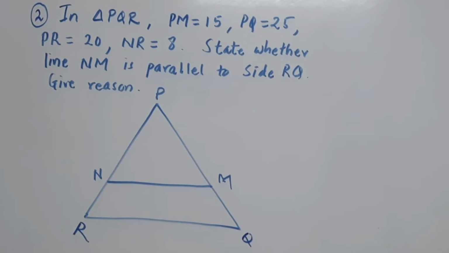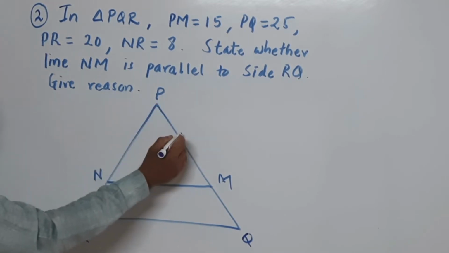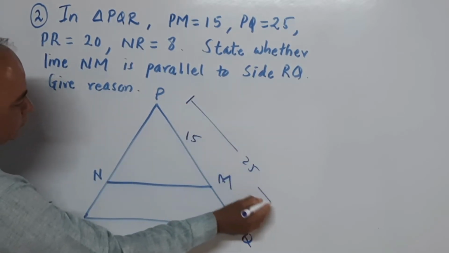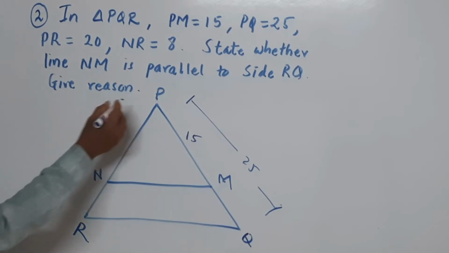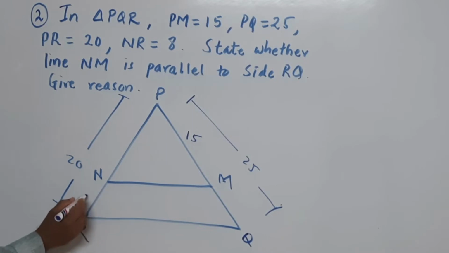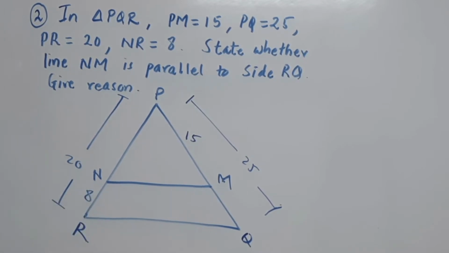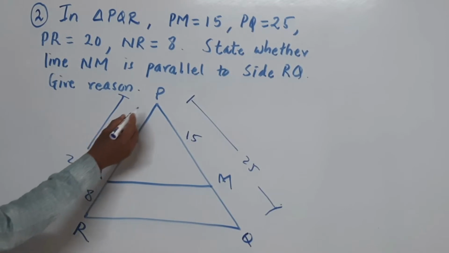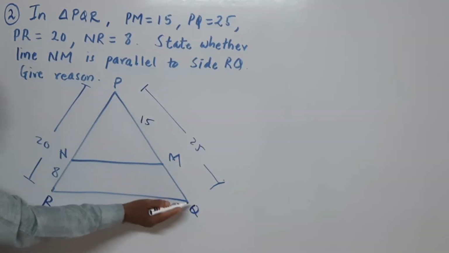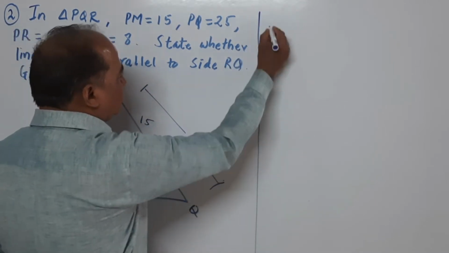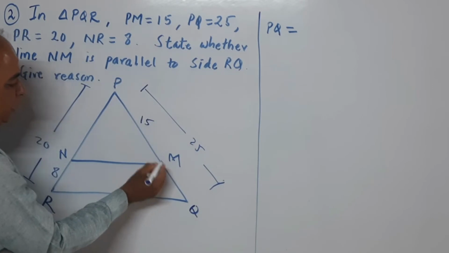Next example. In triangle PQR, PM is equal to 15, PQ is equal to 25, PR is equal to 20 and NR is equal to 8. We have to state whether NM is parallel to RQ. Now, let us consider in triangle PQR, PQ is equal to PM plus NQ.